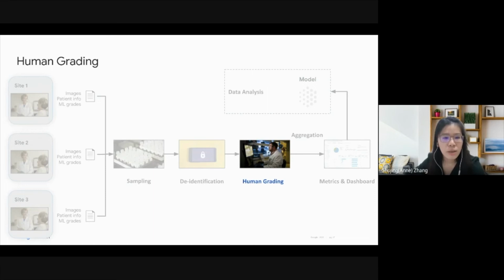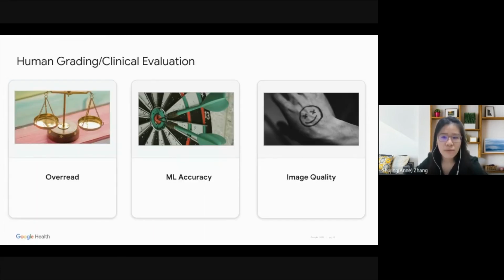And then I will talk about the human grading. The human grading piece is the clinical evaluation component mentioned in the SaMD guidance document that we use to guide our activities, essentially allowing us to analyze and appraise the real-world evidence that we collect. There are 3 flavors of human grading we are currently using or plan to do. The first one is overread.